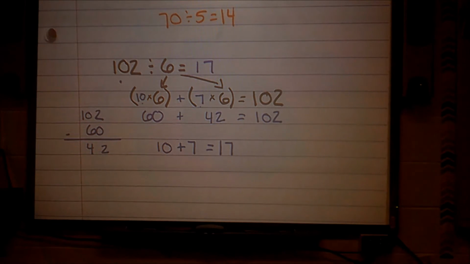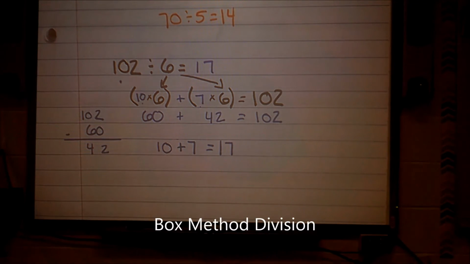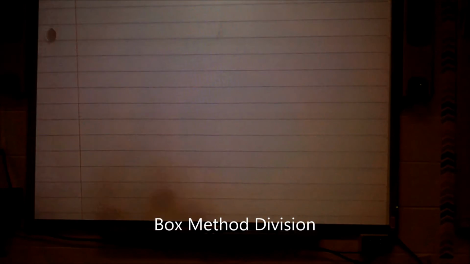Now in 4th grade, you might have learned this method through box method division. So let's look at that. So I'm going to draw my box, a rectangle. And the problem that I'm going to be solving for is 52 divided by 4.